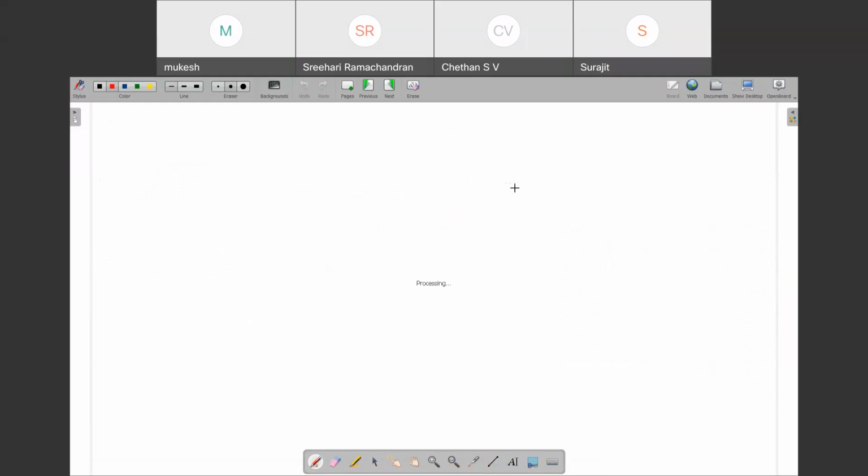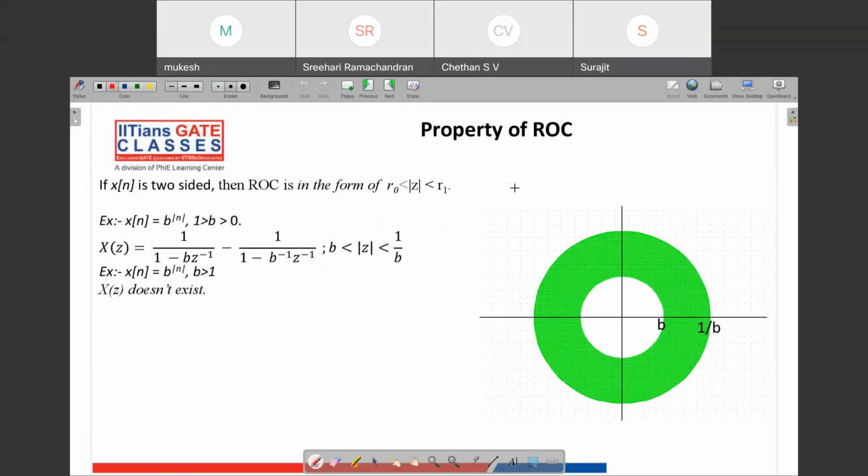Let me go to the next slide. Now, if you have a two-sided signal: in the case of the Laplace transform, for a two-sided signal, the ROC was something like this. You draw two lines, and the ROC will be a strip between these two vertical lines. In the case of the Z transform, it is very similar.